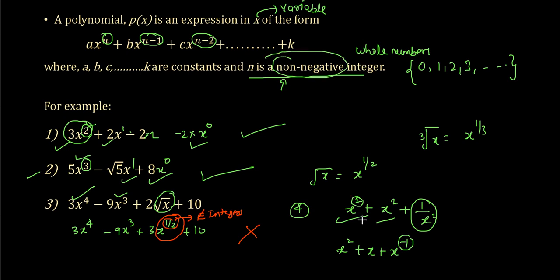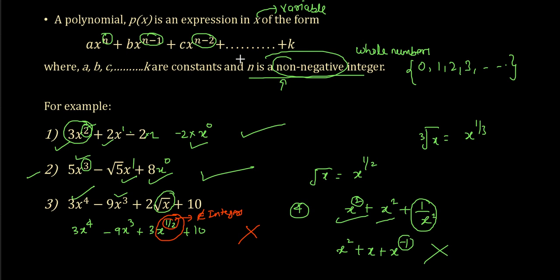So it is also not satisfying the condition. So this is not a polynomial. I hope the definition of polynomial is clear. We just have to worry about the exponent of the variable, right? If it is satisfying this condition, we say the expression is a polynomial.